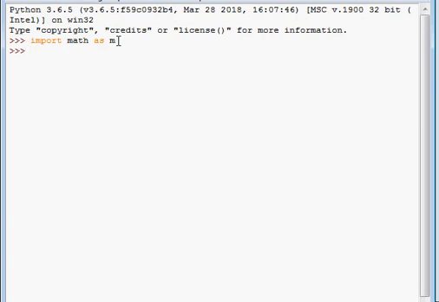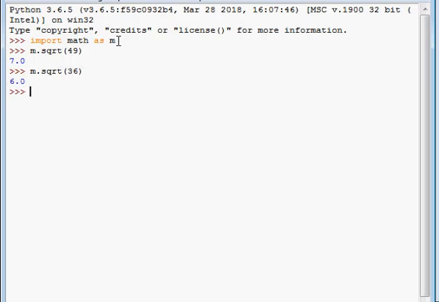For example, if I want to calculate the square root of any value, then I will say m.sqrt. sqrt is a function for calculating the square root of any value. So if I want to calculate the square root of 49, then I am writing here m.sqrt(49). It is giving 7.0. In the same way, if I want to calculate for 36, I am giving it here.